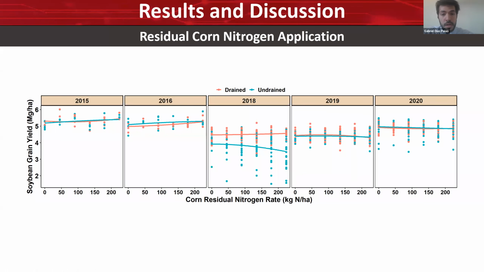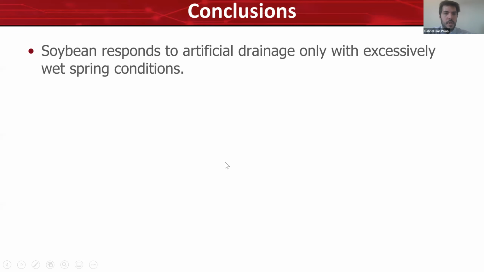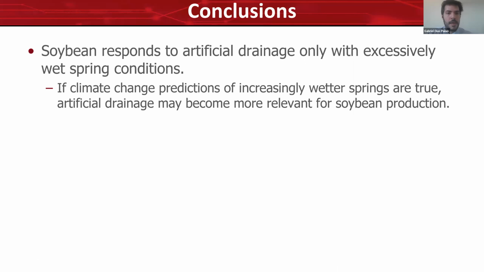And this may be because 2018 was a very wet year, and so under those undrained conditions, for these larger nitrogen rates, there was likely more corn biomass in the soil that made it more difficult for soybean plants to develop. And so, in conclusions, soybean responds to artificial drainage only with excessively wet spring conditions.